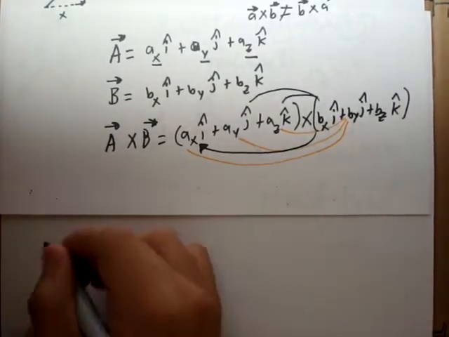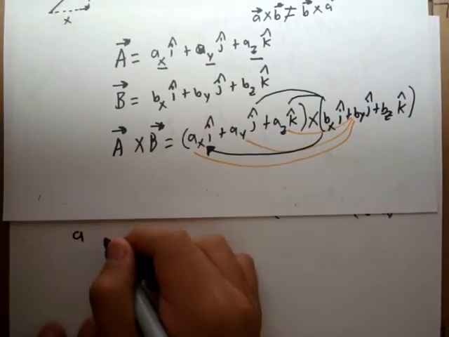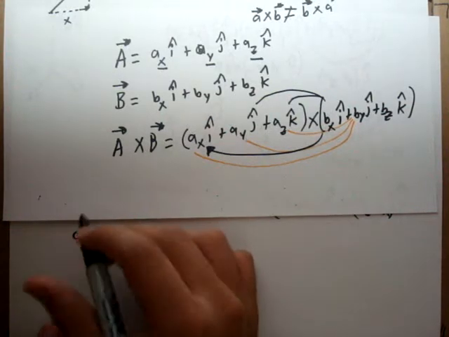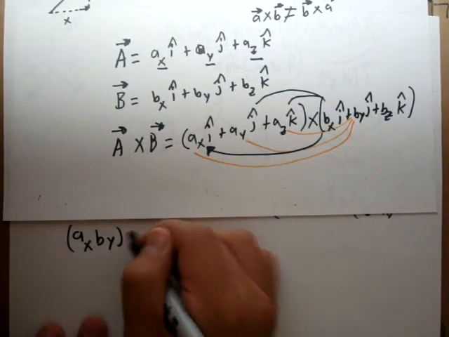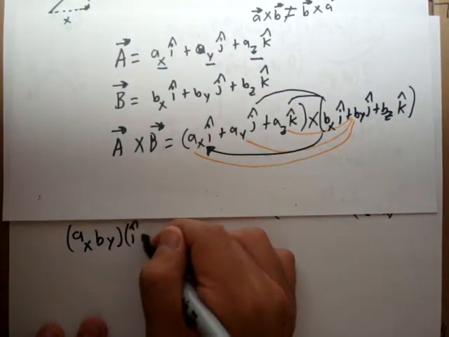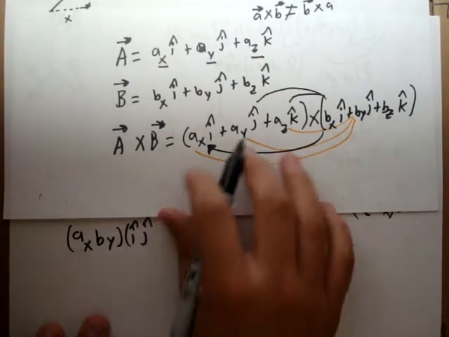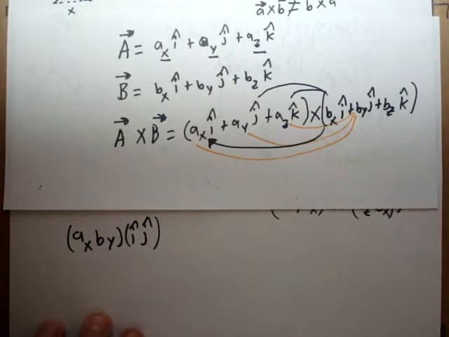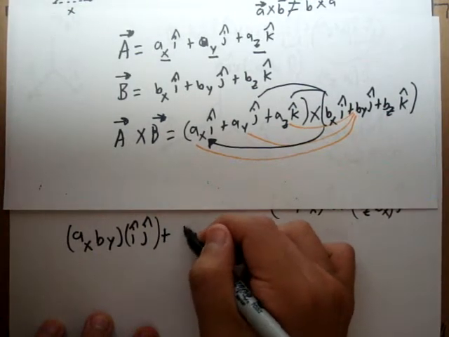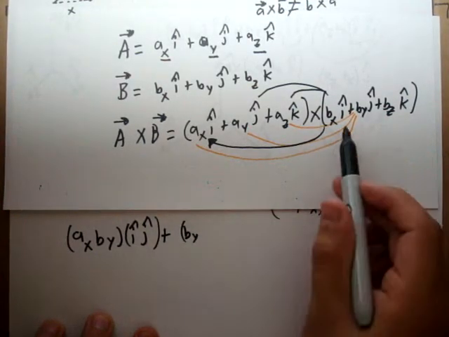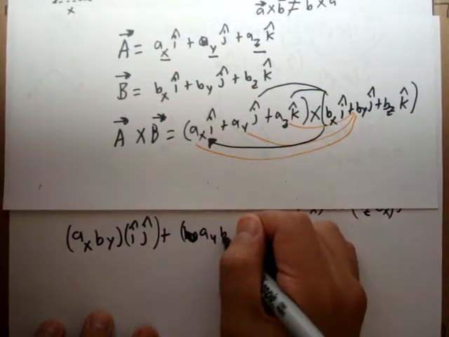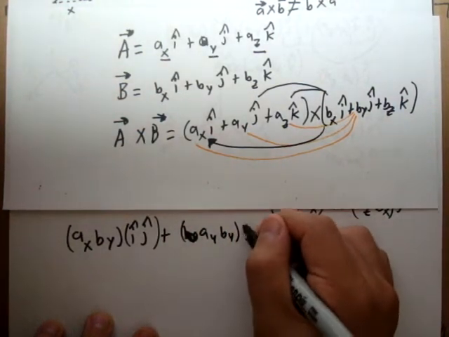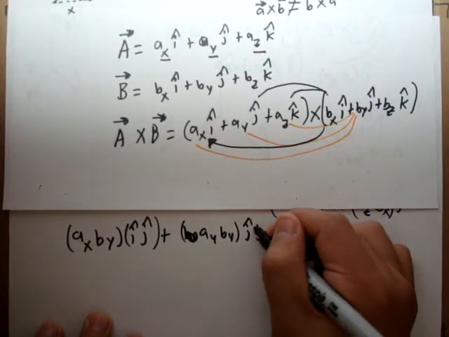So we write ax, remember, by, in that order, times i caret times j caret. Next we go plus ay by, here j caret times j caret.